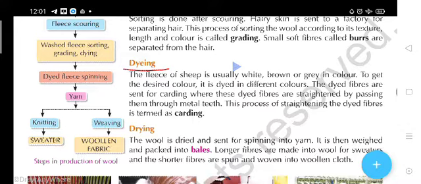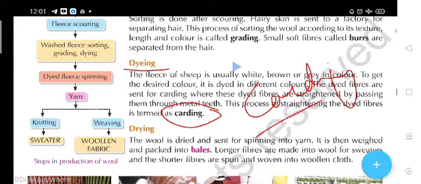Students, there is another process which comes along with dyeing, that is carding. What happens in carding? Carding means, do you comb your hair every day? Yes. Why do we do it? To straighten your hair. So therefore, with the wool, we have to apply this process.